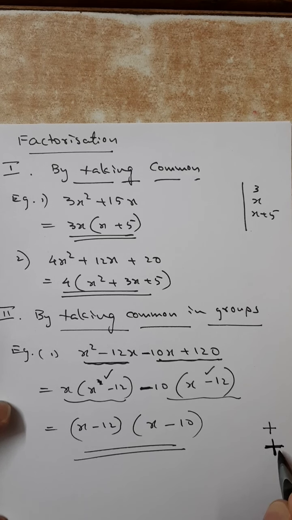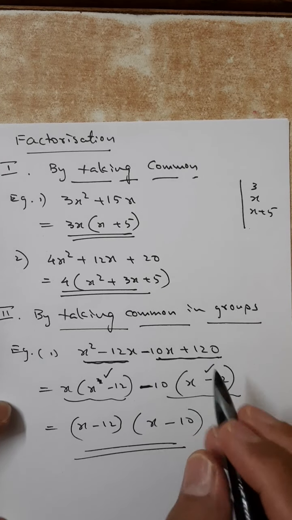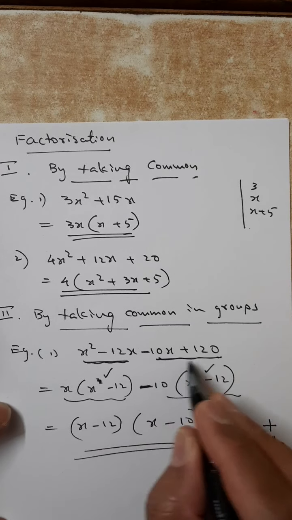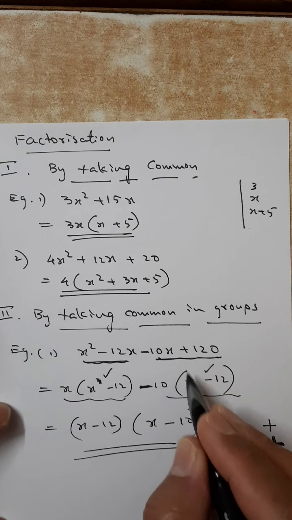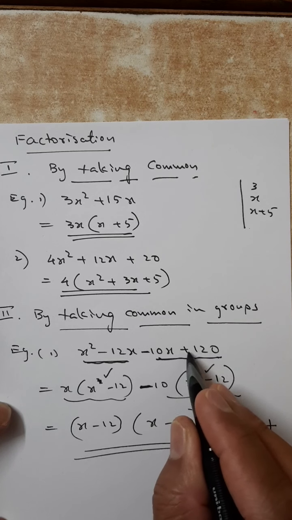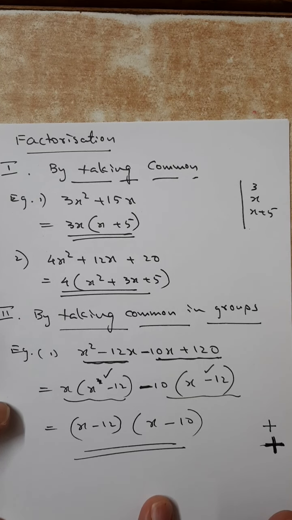So plus means 2 minuses, 1 minus lying down sleeping, another one standing. Even though minus is not visibly there here, we can take minus outside, minus 10 here. So x remaining, minus 10 is taken. So this balance is minus 12. I hope it is clear. So this procedure is called by taking common in groups.